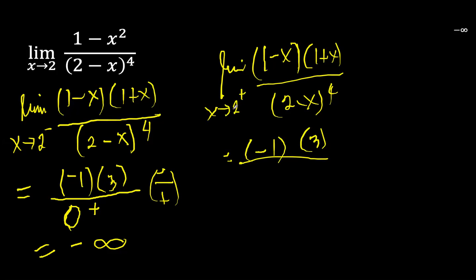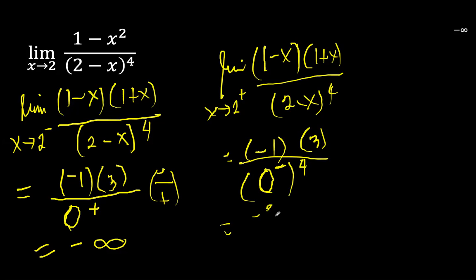And here, the values of x that we're going to use are more than 2, but close to 2, like 2.001. So 2 minus all these numbers which are greater than 2 but close to 2, the answers are close to 0, but with negative signs, and raised to 4.